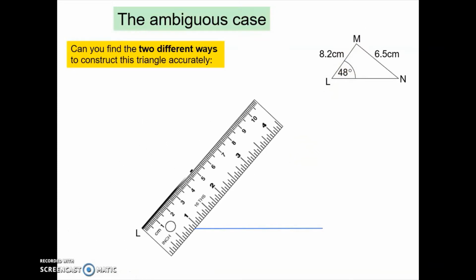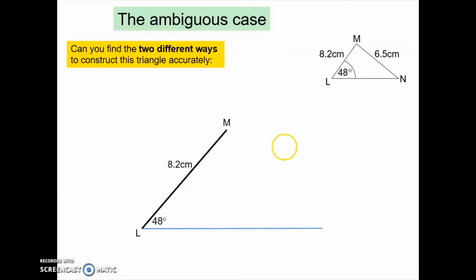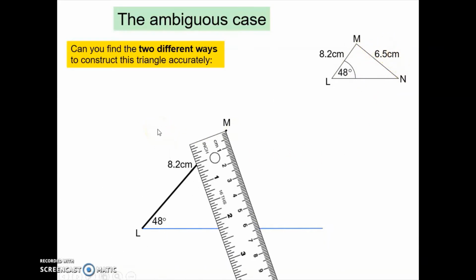So I've just drawn in the line from L to M. And from there, I need to come back down to meet the base 6.5 centimeters. So I'm going to draw a line down 6.5 centimeters.